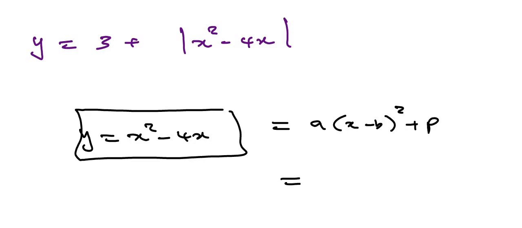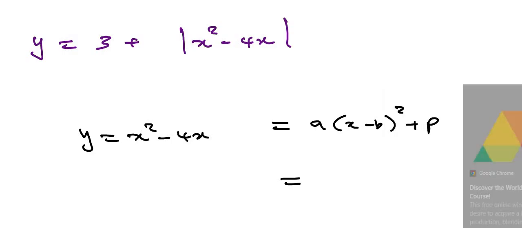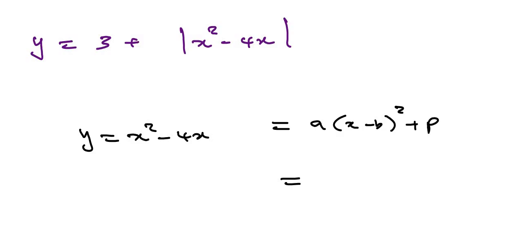Can you give me the a? What's the a going to be? When you complete the square of this quadratic, I want it to be in this form. So what's the a going to be? I don't think we're going to have an a there. What's a here, beauty? What's the coefficient of x squared? What's in front of x squared? 1. Yes, we do have an a. A is 1.